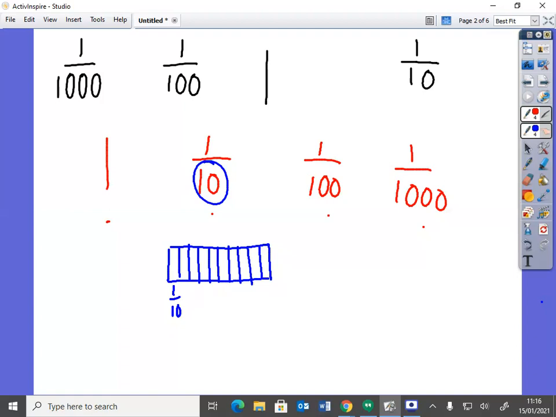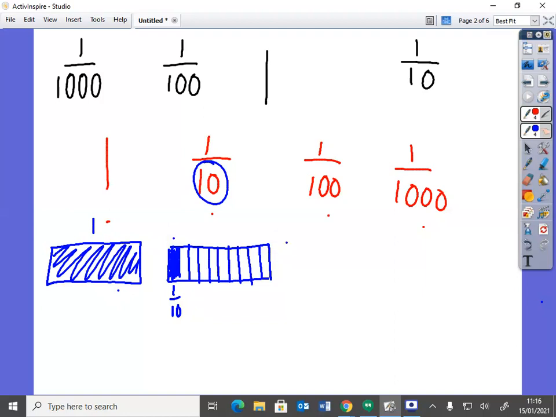So we can already see that this is 1, and this here is 1/10. You can see how much smaller this shaded area is than this shaded area. It's 10 times smaller.